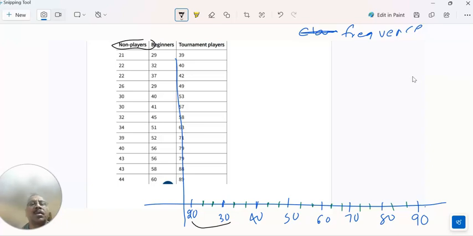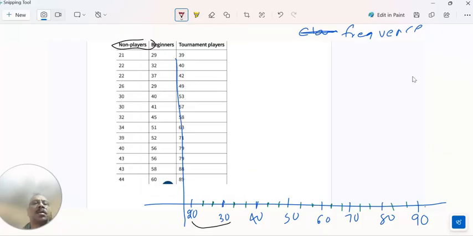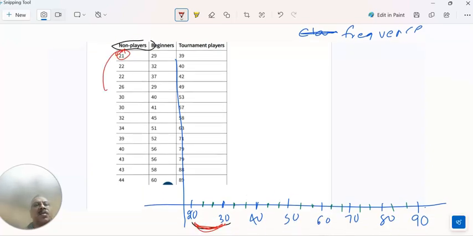So the first one, 20 to 29. I'm going to use a bar until here. So how many of them are there? You can see one. 20 to 21. So 20 to this, four pieces.